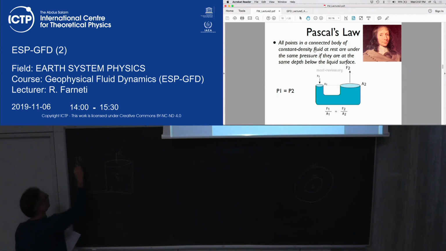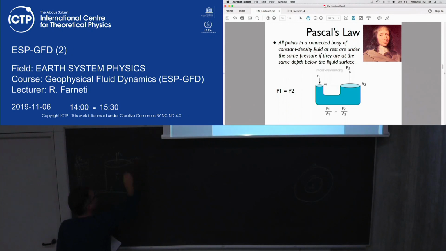Then we have this area, which we're going to call A1, and this area that we're going to call A2. Okay. And A2 is much larger than A1. Okay.